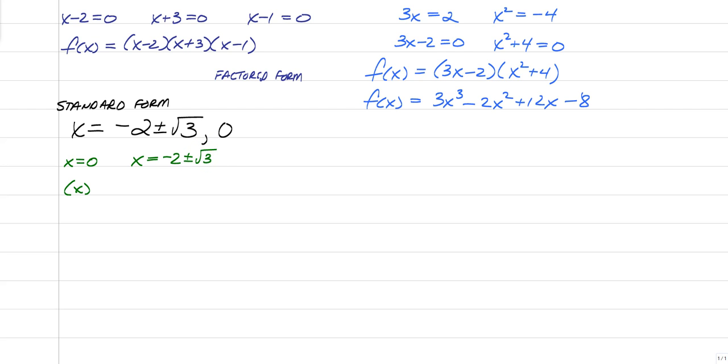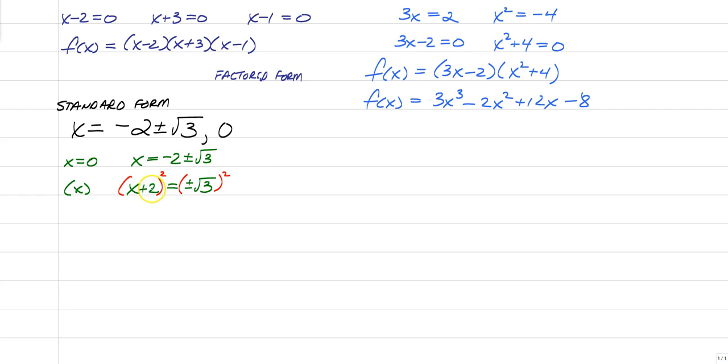So let's think about where that would have come from if we were solving by square roots or completing the square. The step right before this was x plus 2 is equal to plus or minus square root of 3. And where did this plus or minus come from? It came from square rooting. So if we are working backwards, we would be squaring both sides.